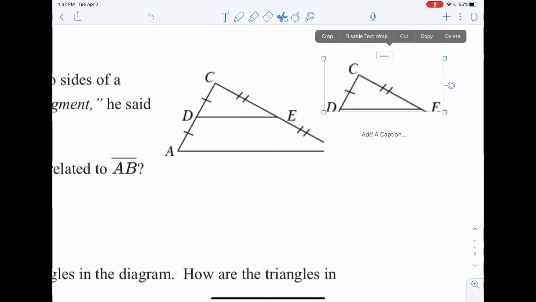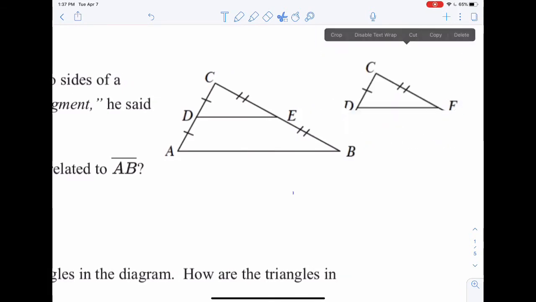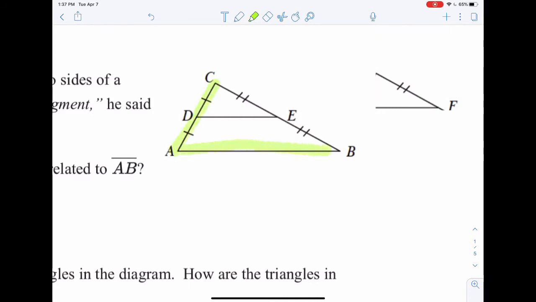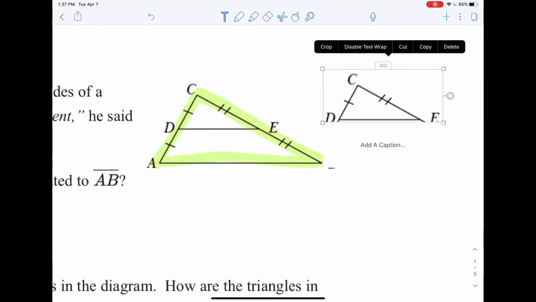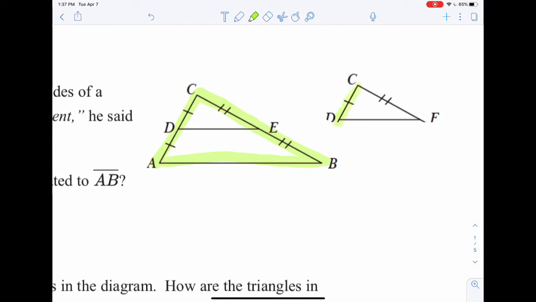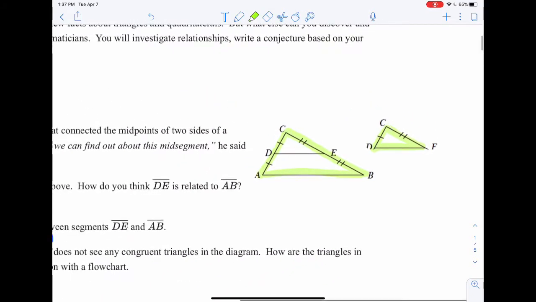So we have the larger triangle, CAB, and the smaller triangle, CDE. Those are the two triangles. Obviously, they're not congruent, but might they be similar?